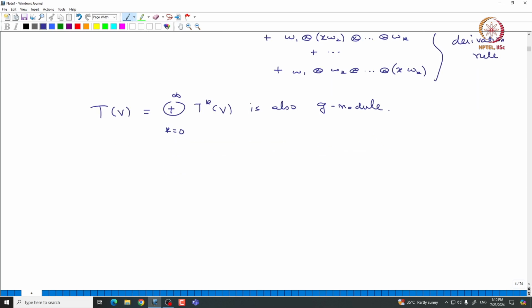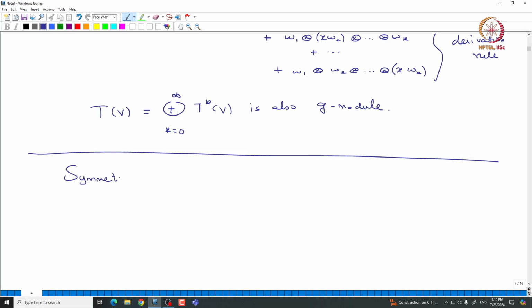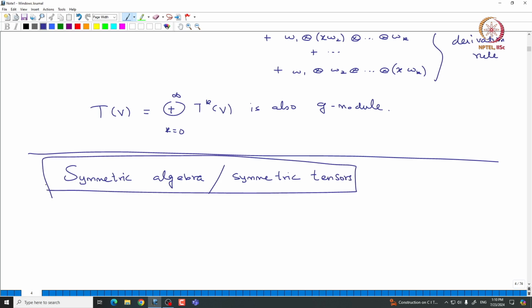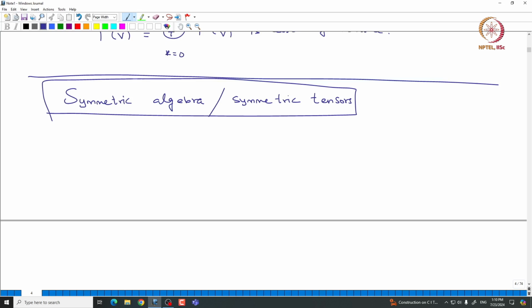Okay. So, what about other constructions? So, let us now look at what is called the symmetric algebra and symmetric tensors. Okay. So, let us look at the symmetric algebra, which is easy to define from the algebra point of view, and then we can relate that with symmetric tensors. So, once we understand this very clearly, then it will be easier to understand the exterior algebra and exterior tensors or alternating tensors. So, what is the symmetric algebra?